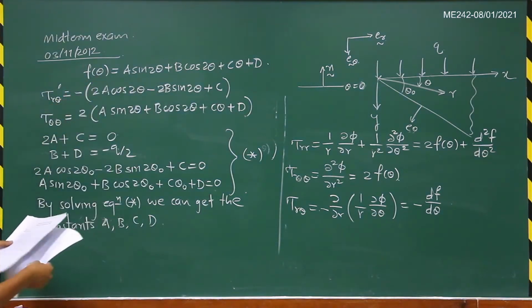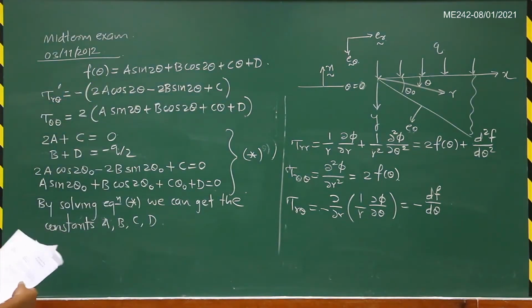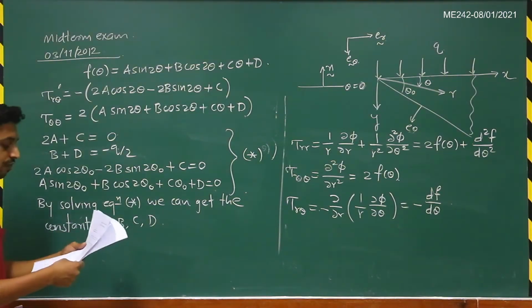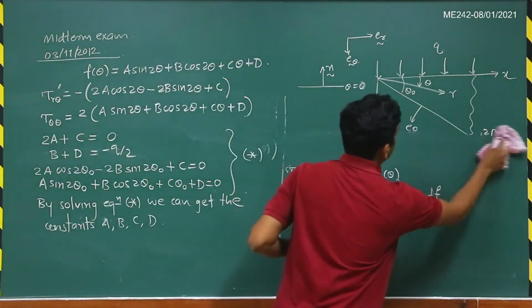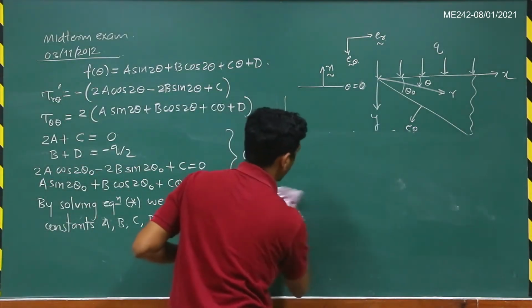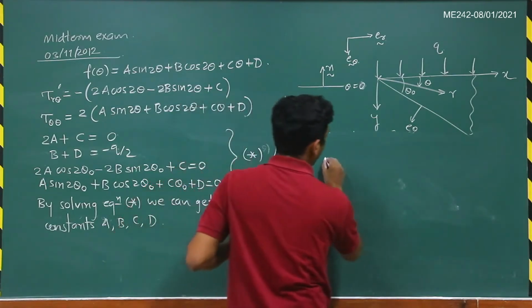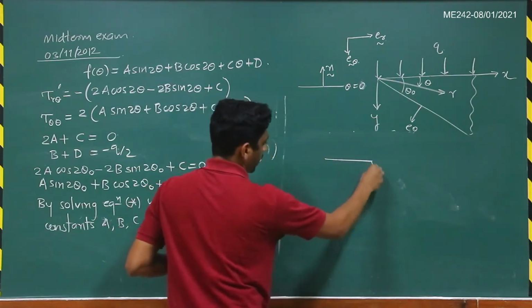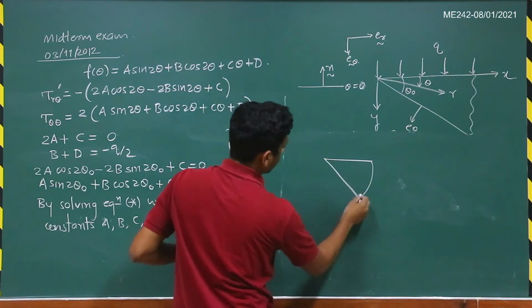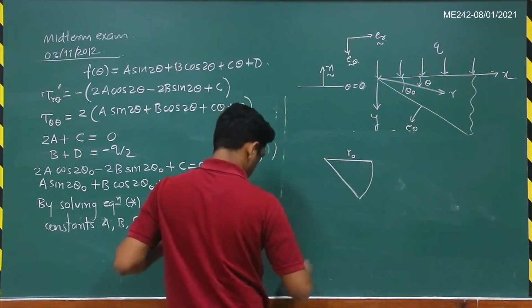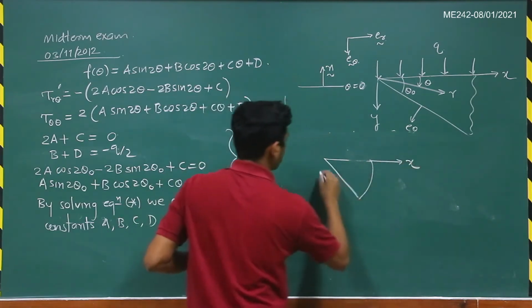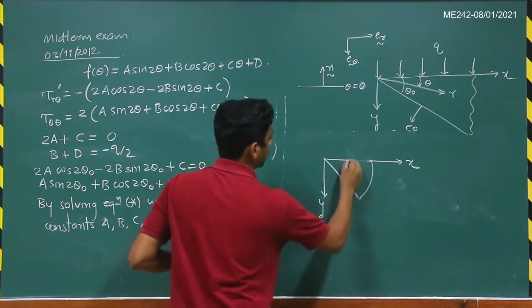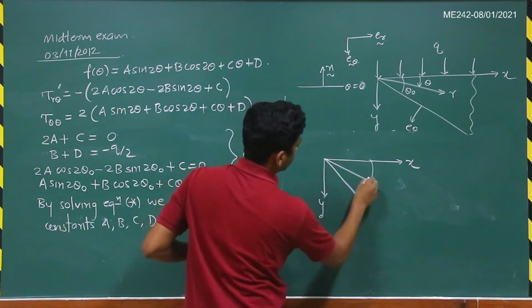So the last part of the question is, now we have to find, by considering the tractions on the surface r equals to r naught. Now we are supposed to consider the surface r equals to r naught. Suppose if we take this surface particularly, so this radius is r naught, we will write it here. This is x axis, this is y axis, this is r naught.